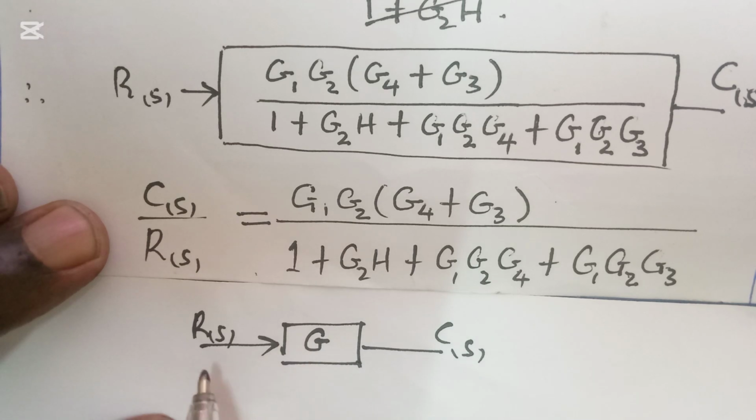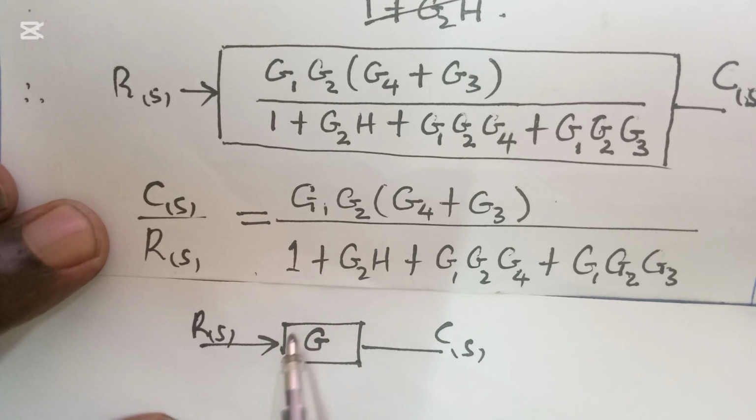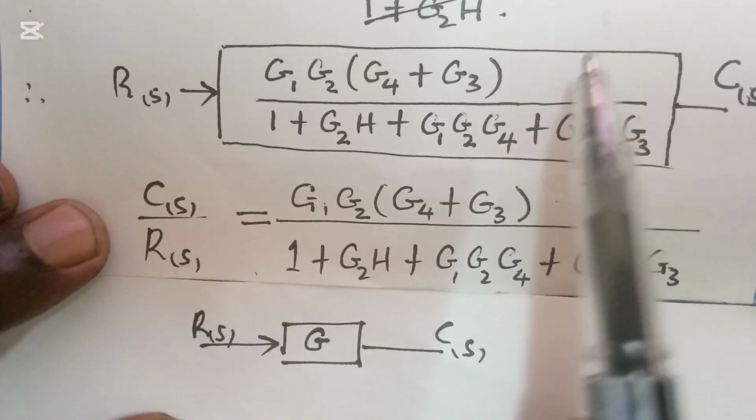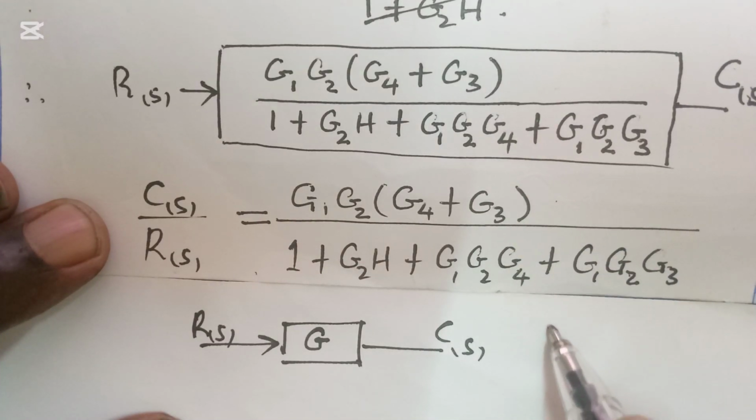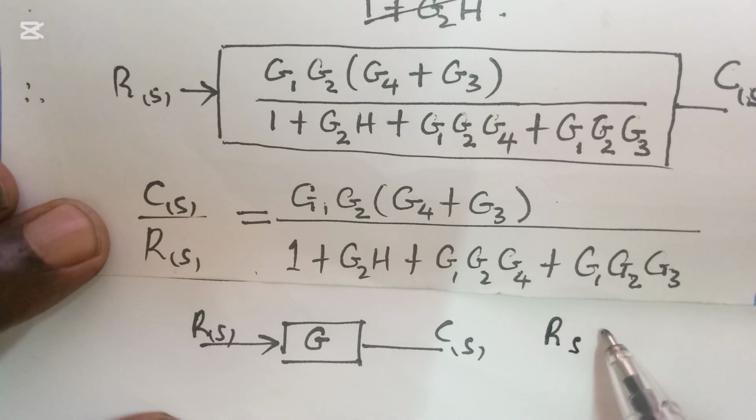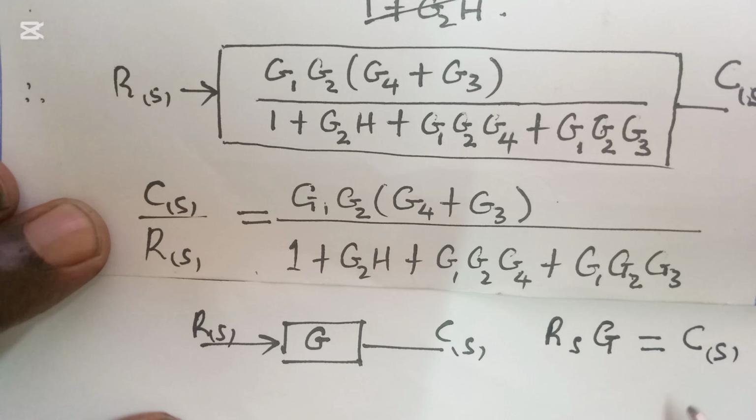So if we say this is our transfer function, just like we have this as our transfer function G, then we know that C(s), if you multiply R(s) by G, will give us C(s) like that.